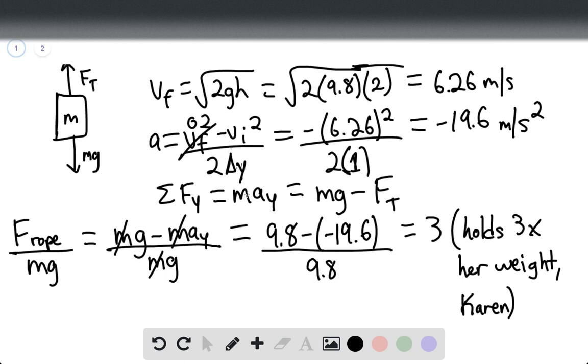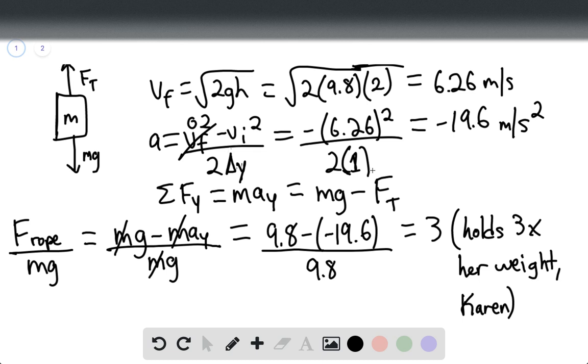Now Jim's rope is static, and his delta y for the rope is 0.30 meters. So here, for Karen, the delta y is 1 meter, and that was due to the elasticity of the rope, how much the rope was stretching.